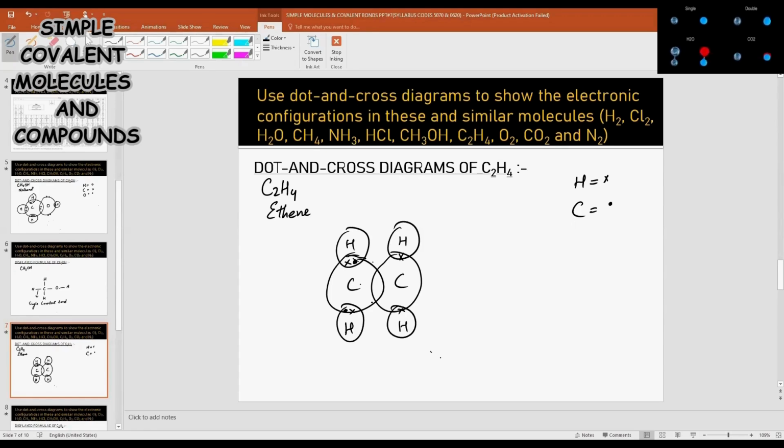So it will share these 2 electrons with the second carbon atom: 1, 2. Now I'm showing the valence electrons for this carbon the same way: 1, 2, 3, 4. If you see, there are 2 pairs of electrons between 2 carbon atoms.